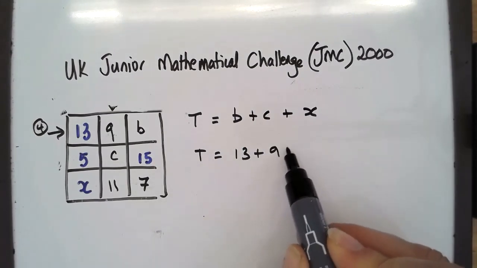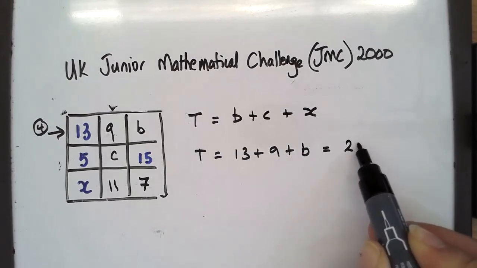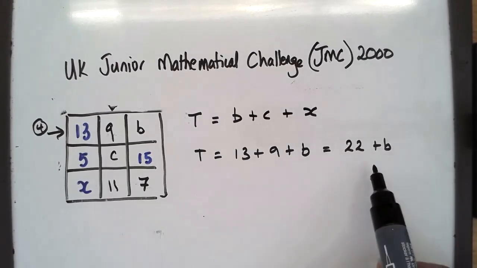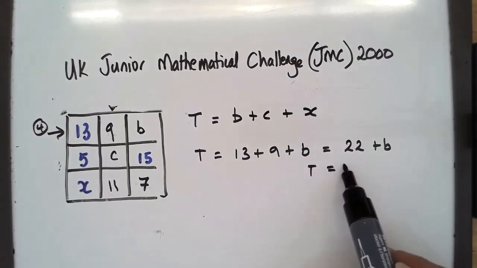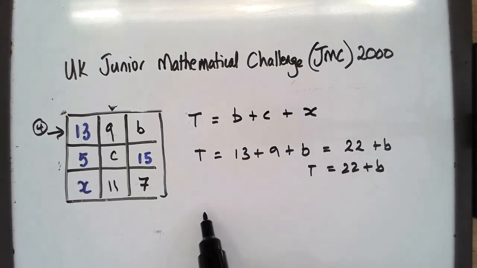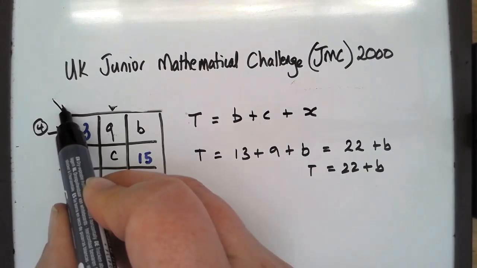The reason I'm starting at 4 is because it relates to my worked examples. So this is T equals 22 plus B. Then we have this 5 going along this diagonal.